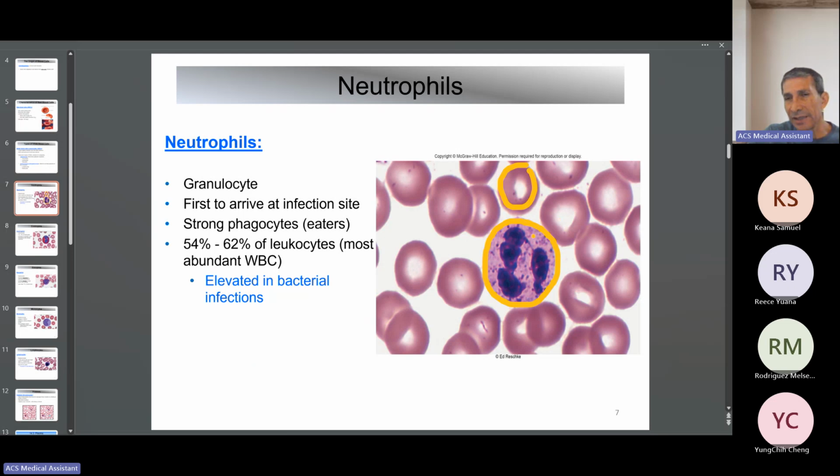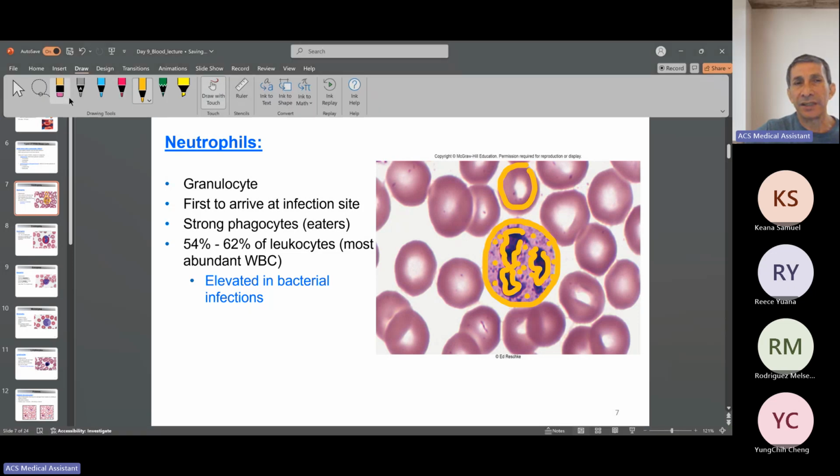If you look inside the cytoplasm, you see some rough stuff right there, some granules. This dark structure is the nucleus. It's like a polymorphic nucleus. It has like 4 or 5 lobes. So that's how we know them and recognize them.